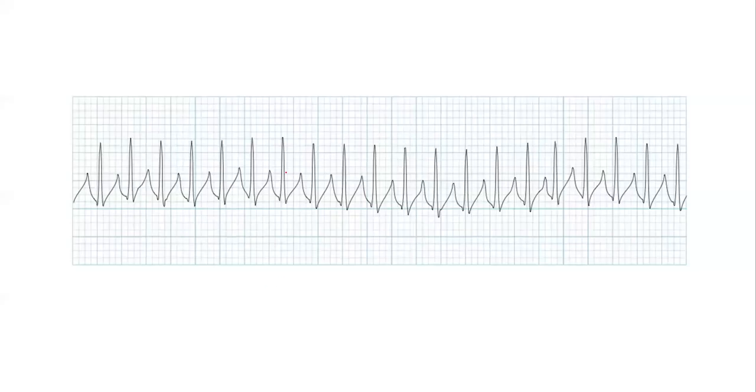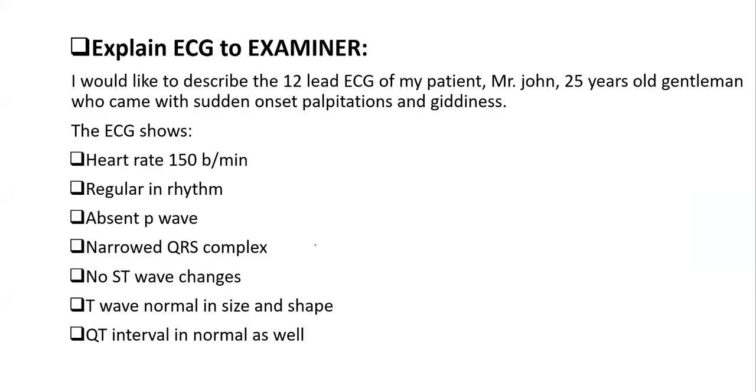So if we come here, this is what you will get. You can see here, this is the QRS complex, which is narrow, and then there is a T wave, but there is no P wave. Okay, the rhythm is regular because every RR interval is equally spaced. So that's what you will get in an SVT patient.